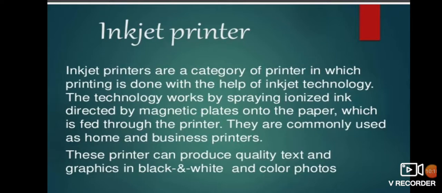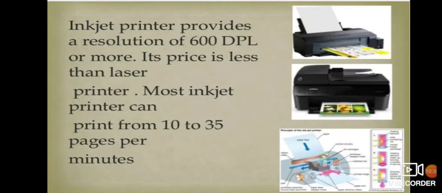They are commonly used as home and business printers. These printers can produce quality text and graphics in black and white and color photos. An inkjet printer produces a resolution of 600 dpi or more. Its price is less than a laser printer. Most inkjet printers can print 10 to 35 pages per minute.